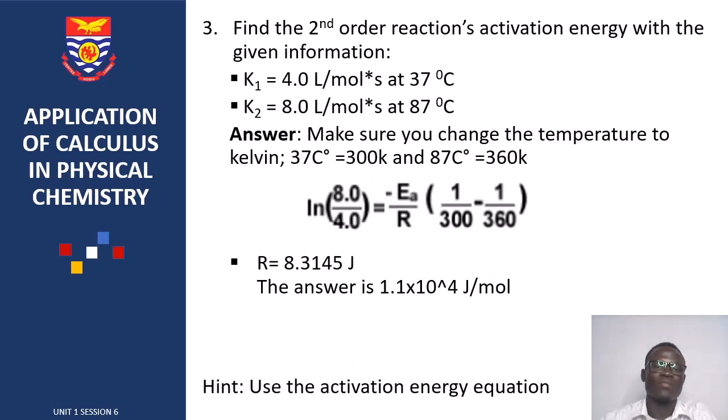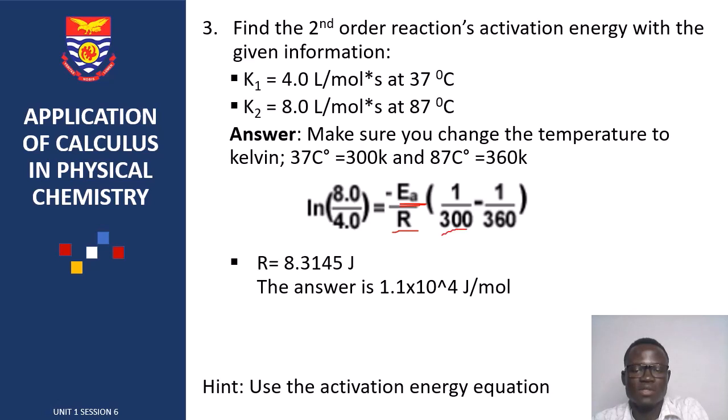To continue, we want to find the second order reaction's activation energy with the given information. So we are given K1 and K2 at 37 degrees and 87 degrees Celsius. Now, for you to be able to solve this question, it is also necessary that you recall the activation energy equation, which links one temperature to another. So the E here represents the activation energy, and this represents the gas constant.